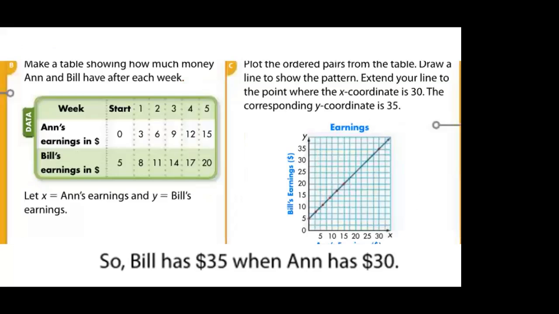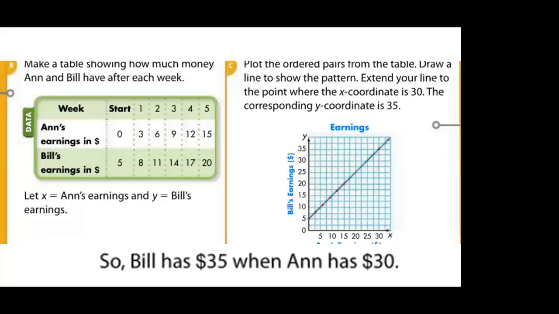Okay, so in question number A, make a table showing how much money Ann and Bill have after each week. So the first week, Ann starts with zero and Bill starts with five. Okay, so the first one earned three and the other earned eight. The second one earned six and the other earned 11, and so on.